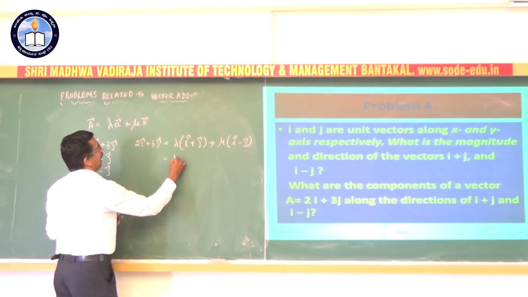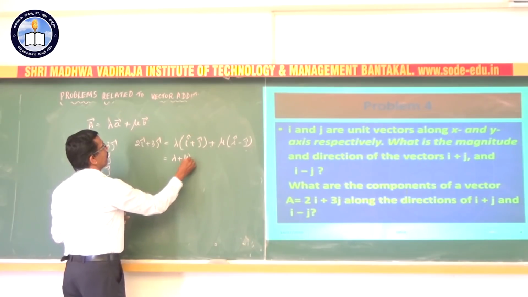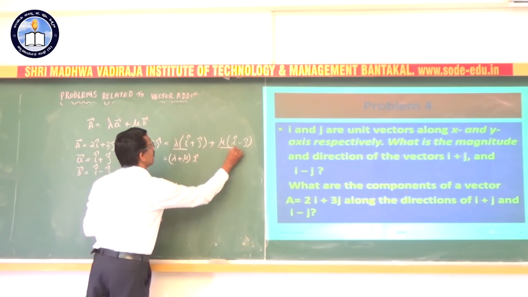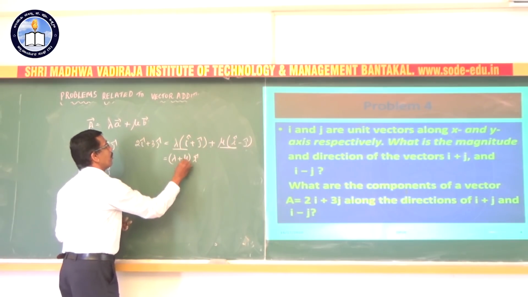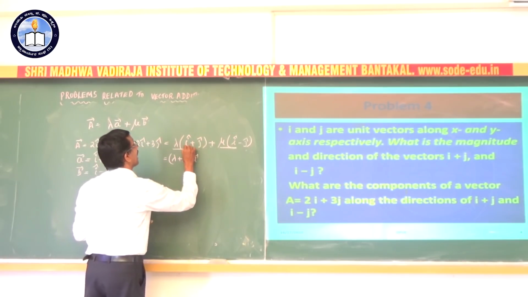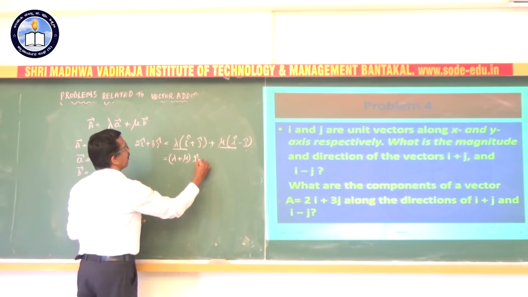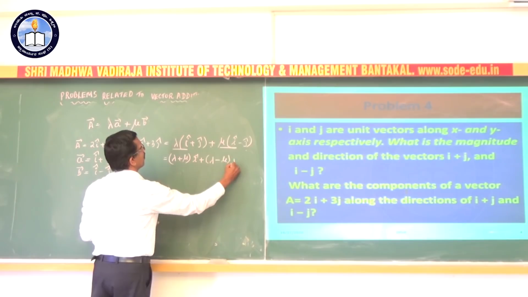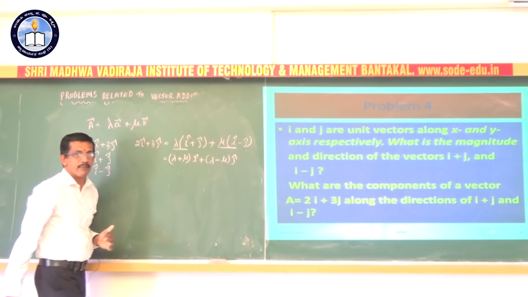We get lambda plus mu into i cap, because i cap is common, plus lambda minus mu into j cap.